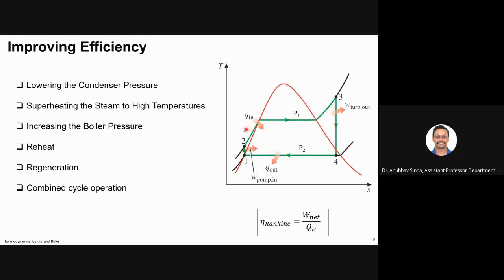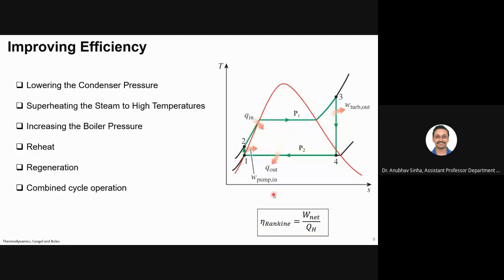One way to do it is lowering the condenser pressure. If I lower it, we'll have a larger area inside this curve, right? Which will improve your work. If you improve work for the same QH, your efficiency increases, right?